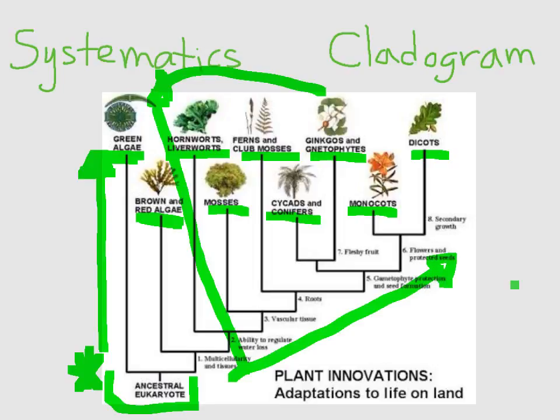So this cladogram represents the history of plants. Important things: we have a common ancestor here, green algae, and as we go up the cladogram, we will have the most modern plants, the dicots and monocots, which are plants that produce flowers.